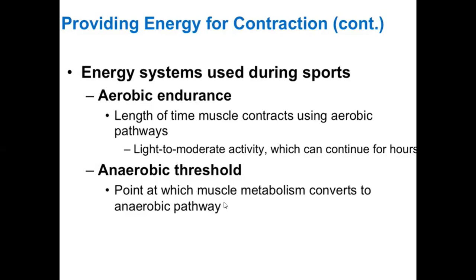The point at which you have to switch from aerobic to anaerobic respiration, you call that point the anaerobic threshold. Okay? So anaerobic threshold is the point at which the muscles have to convert from utilizing the aerobic pathway to utilizing the anaerobic pathway.